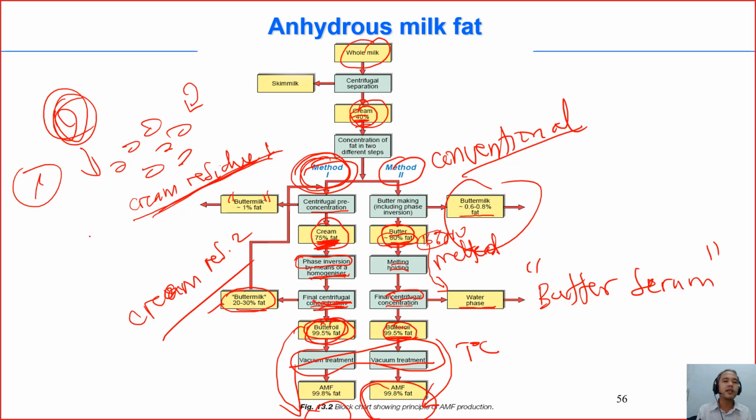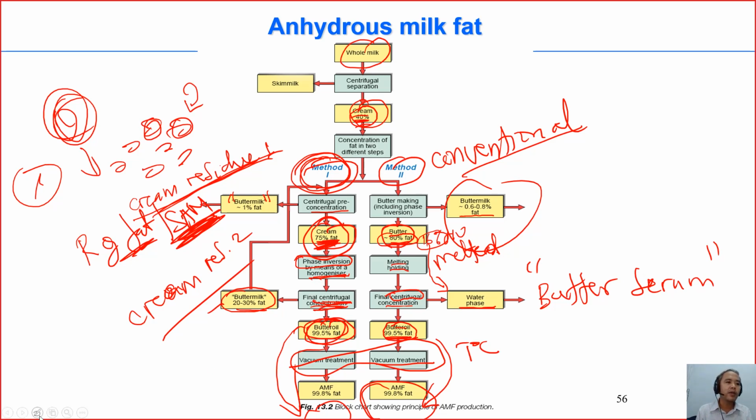Because we studied in chapter 6, if you remember, there are several parameters of homogenization, and one of the important parameters is the ratio of fat to surface active material. This cream has a lot of fat, so when we homogenize, we increase a lot of surface area, and because it contains too much fat, there are not enough proteins, not enough caseins, not enough surface active material to cover the membrane.